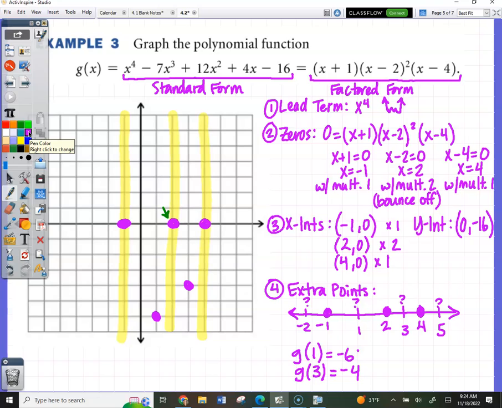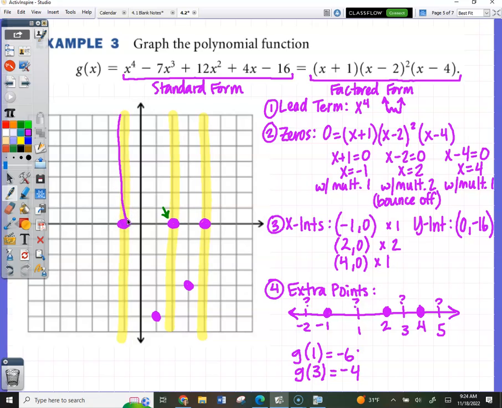Alright, so watch how I draw this. What did we say it's doing behavior-wise? Above, up. Okay, so from the far left, it would be shooting up. So as I'm reading it, I'm going to be coming down, right? Does that make sense? I'm going to come down. I'm going to hit that one.